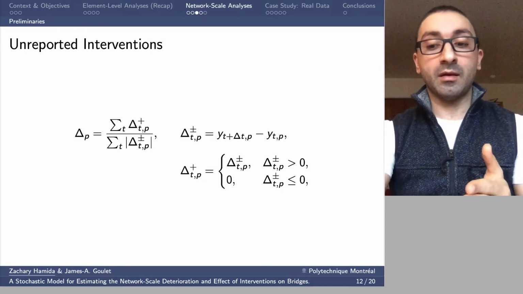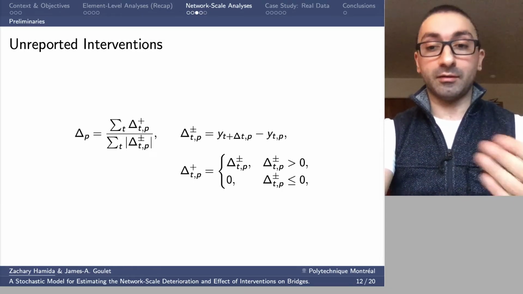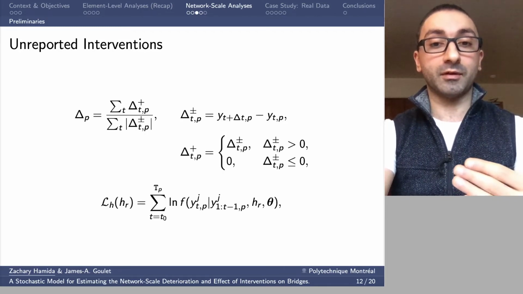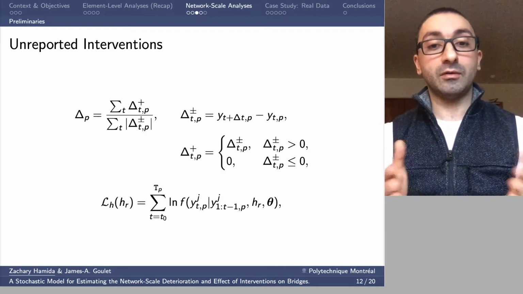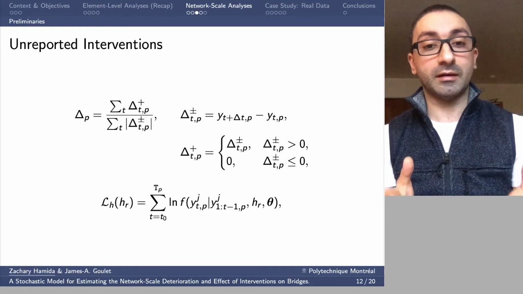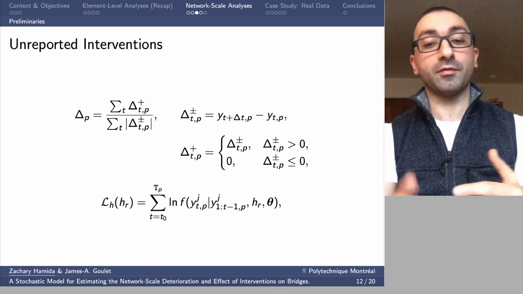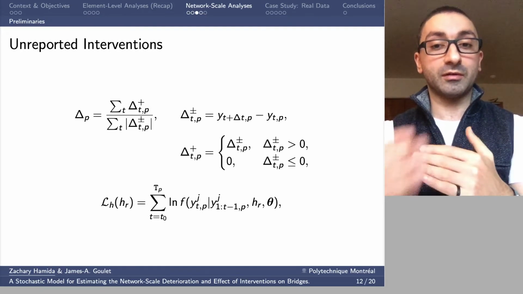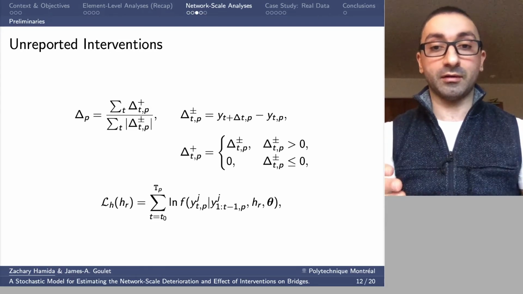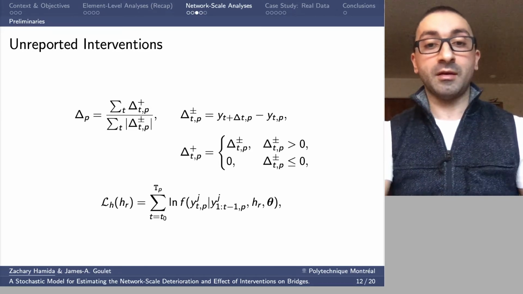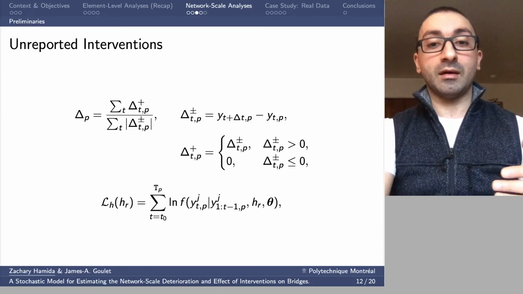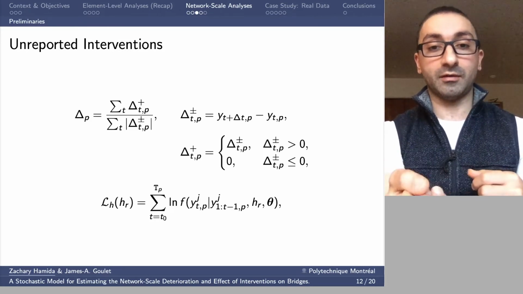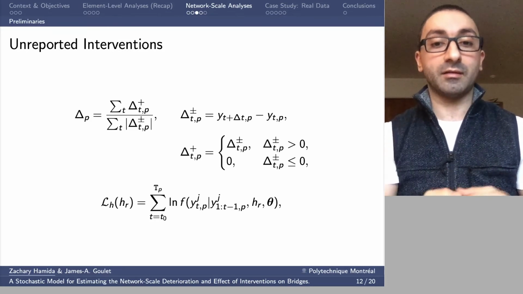And so we've determined that there is an actual positive trend, and that there is an intervention at a given year. How do we determine the type of intervention? We determine it using the log likelihood estimate. Because we have a limited number of interventions that could take place on a given structural category of elements, we can plug in the effect of each type of intervention and estimate the log likelihood.